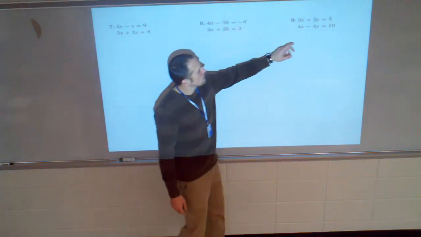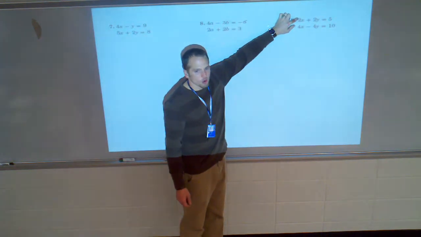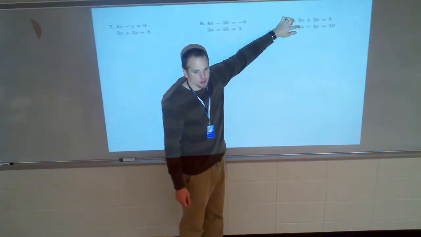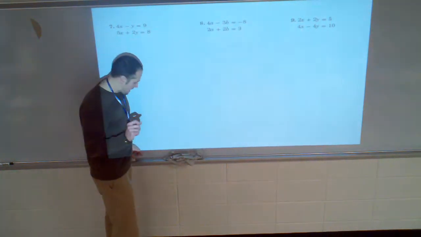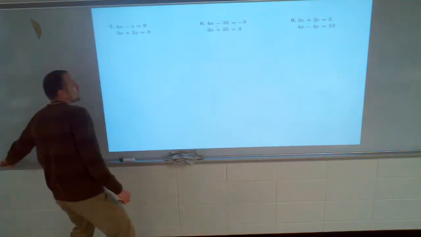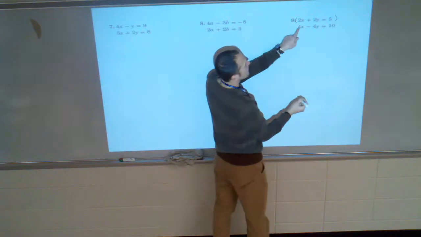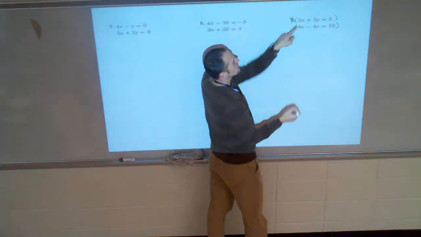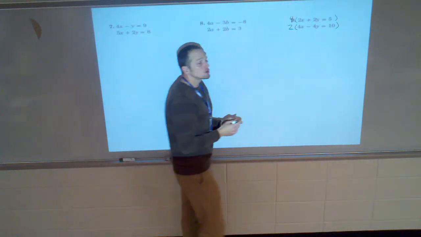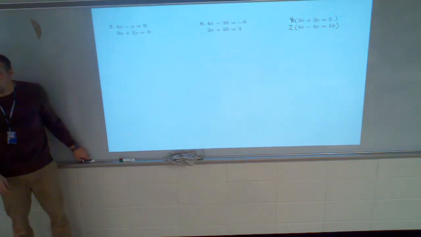Number 9, the faster way would just be to multiply the top one by 2, because 2 times 2 is going to be 4. Okay? That's the faster way. The way that will always work is to multiply the top one by 4 and the bottom one by 2. Alright? So there may be a faster way, but this way will always work.